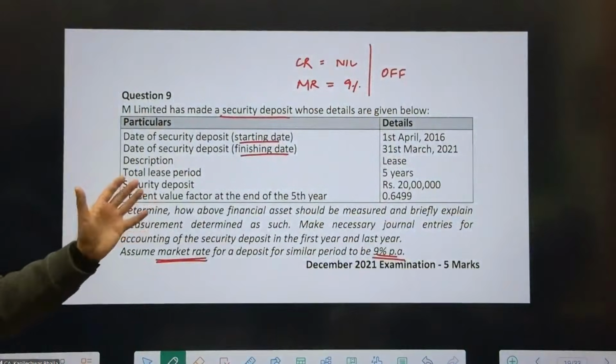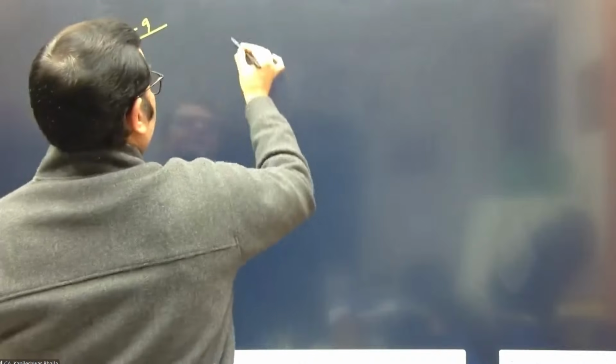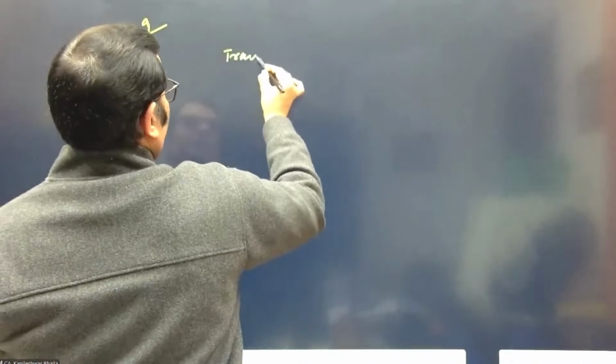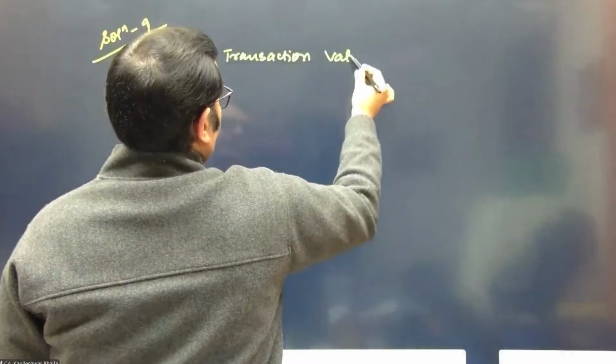So I think in this case, we can just quickly calculate the differences. Let's go to solution 9. So in this space, considering the marks, I think it is a pretty simple one. So we consider the transaction value and we consider the fair value.